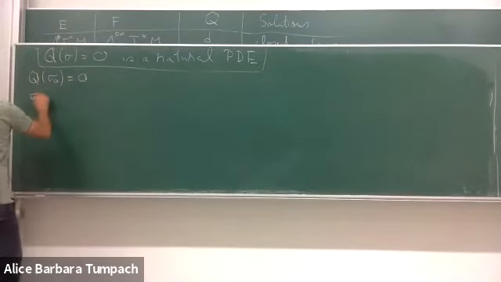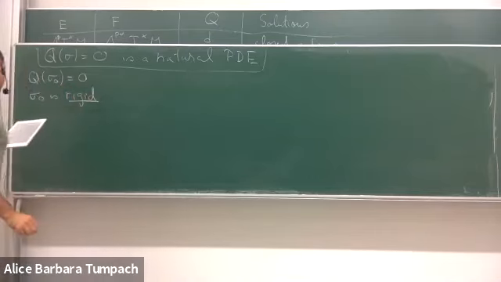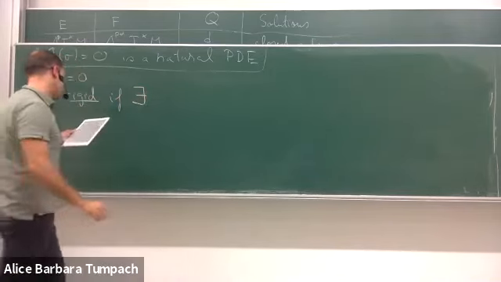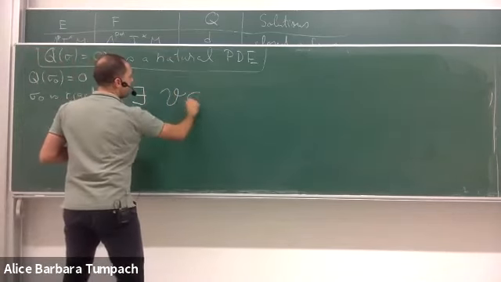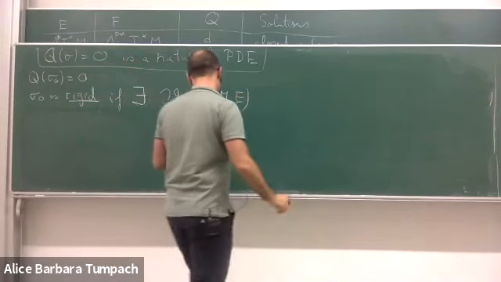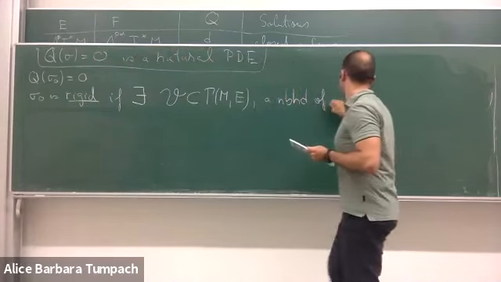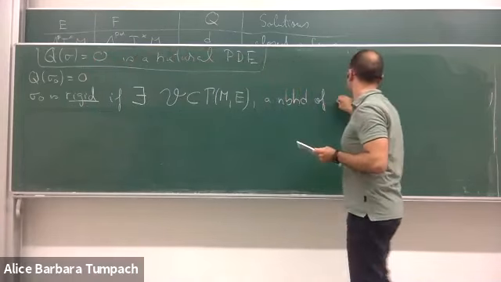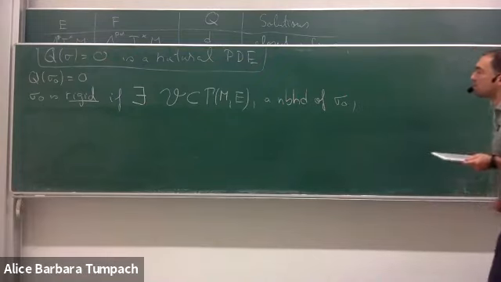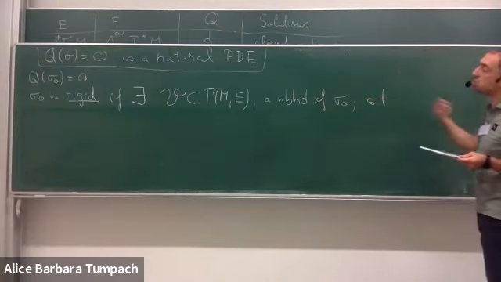So sigma 0 is rigid if there exists a neighborhood, called curly V, inside the space of all sections, a neighborhood of sigma 0 with respect to the Fréchet topology, which means it's a C^k neighborhood for some k, such that if you take any other solution in this V, the two are isomorphic.